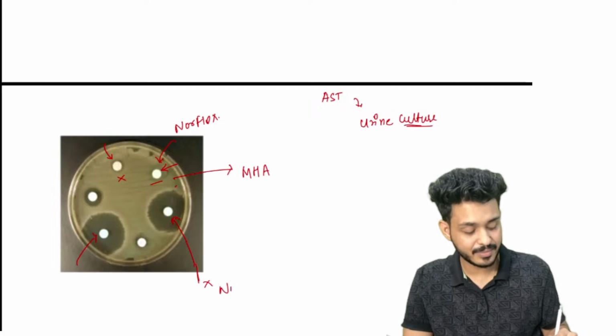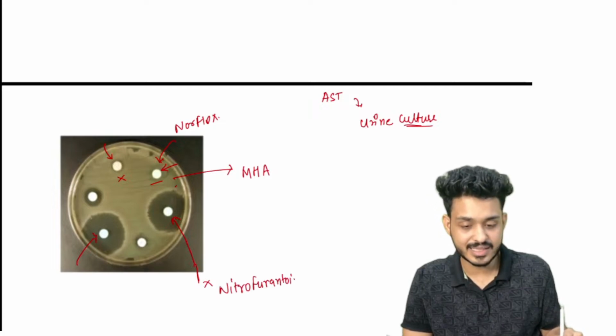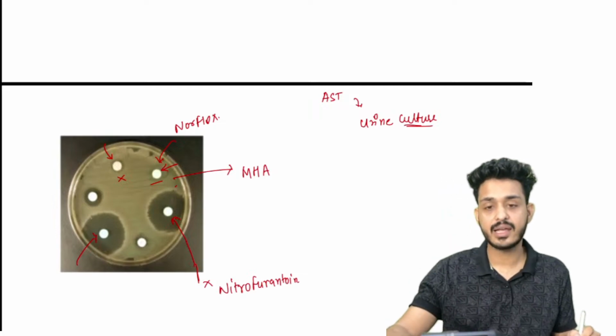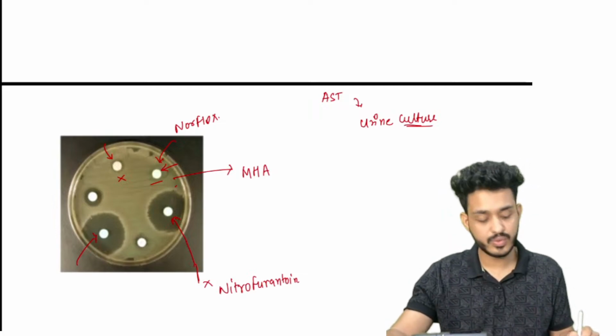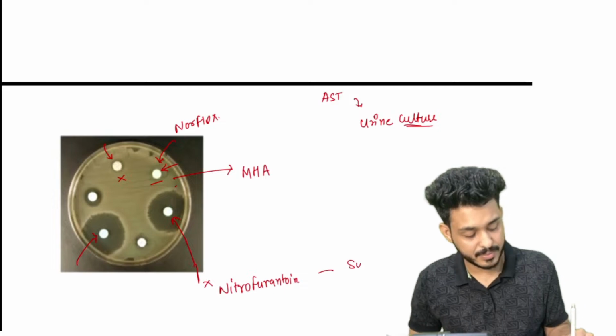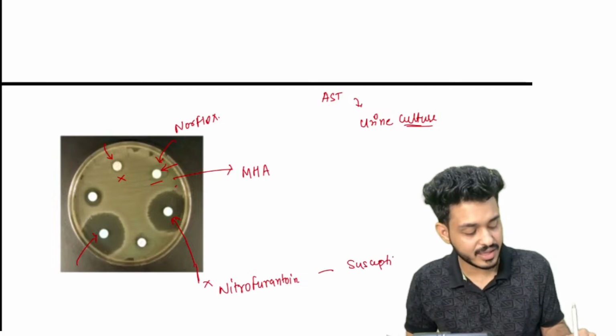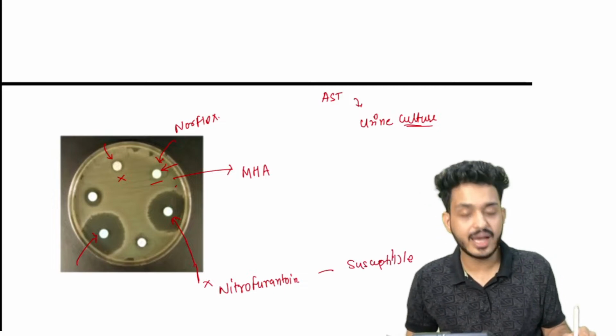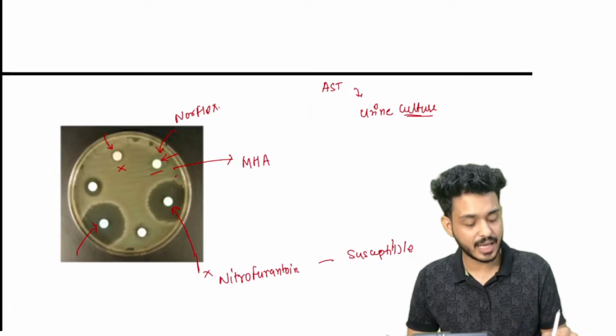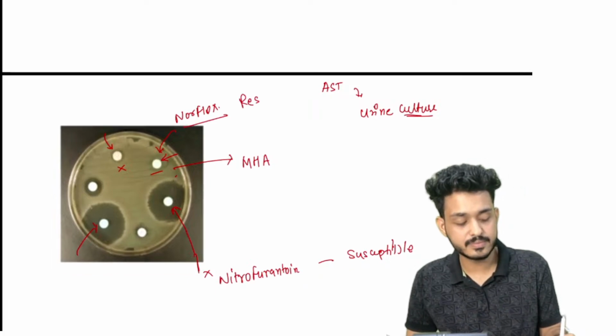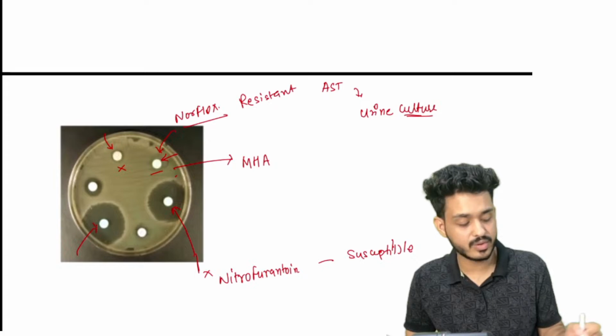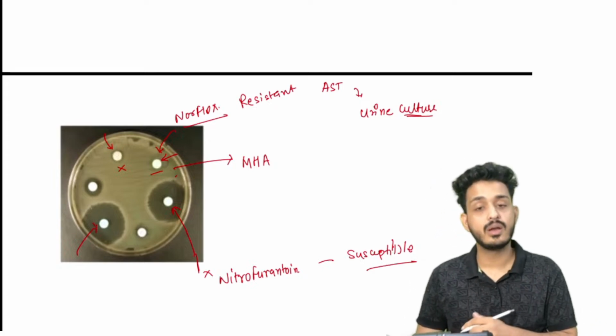So this is, for example, nitrofurantoin, another drug that I can use. So this one is susceptible. After 3 days I will get my report, and in that report I will see that I am resistant to norfloxacin but susceptible to nitrofurantoin.